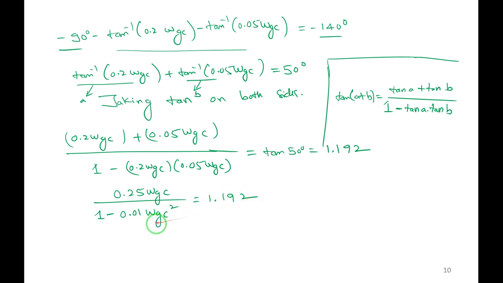That is equal to 1.192. So I want to calculate omega gc. We can calculate 0.25 omega gc. So take this quantity to the right hand side: 1.192 into 1 minus 0.01 omega gc square.